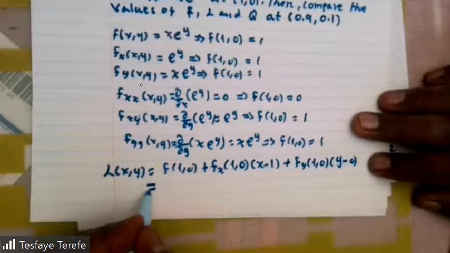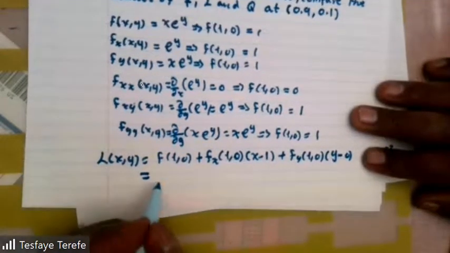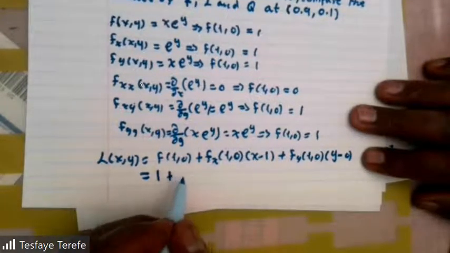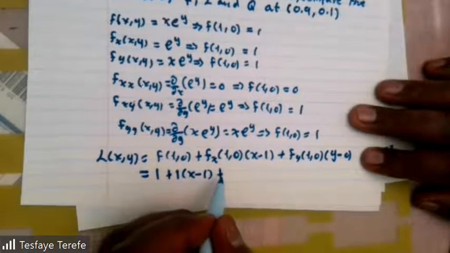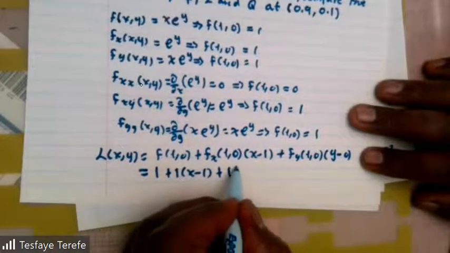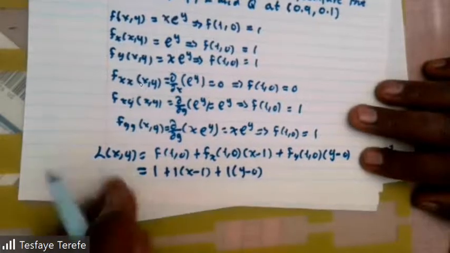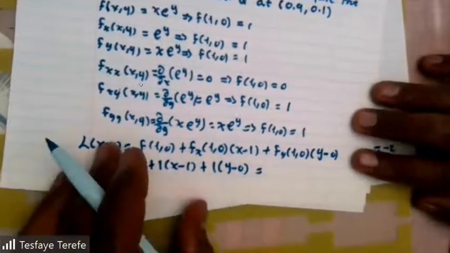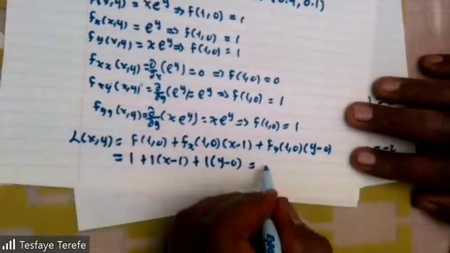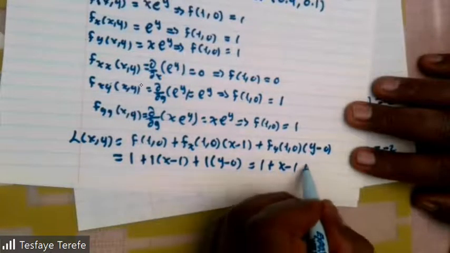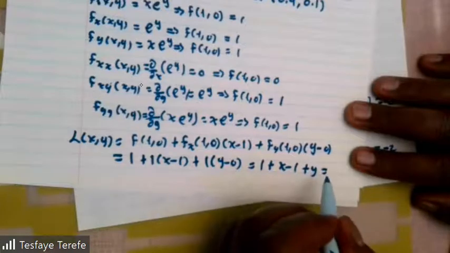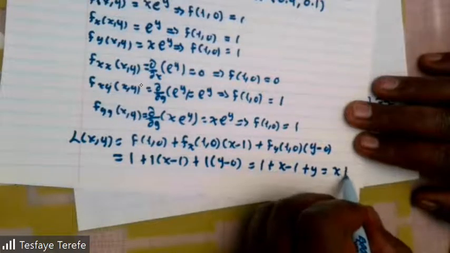So plugging all this in, 1 plus 1 times x minus 1 plus 1 times y minus 0, and this will lead us to 1 plus x minus 1 plus y, which is simply x plus y. So the linearization is x plus y.